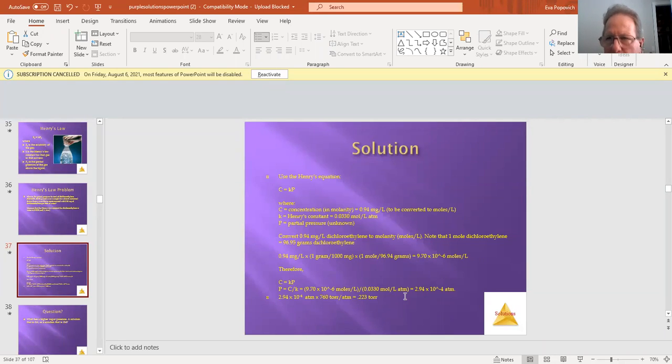Concentration is equal to Henry's constant times the partial pressure. I put the 9.7 times 10 to the minus 6. I am going to divide that by Henry's constant, and this gives me what the pressure is in atmospheres. I can change it to torr if I want, if the problem asks me for that.